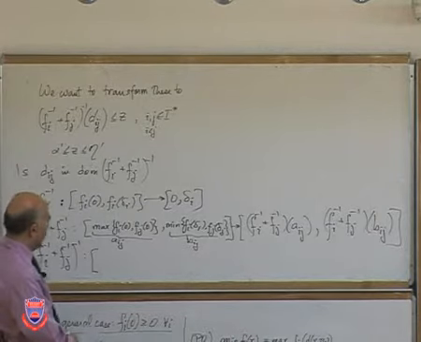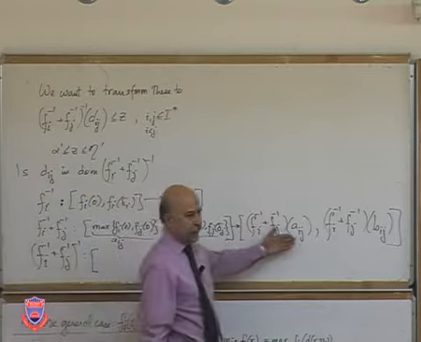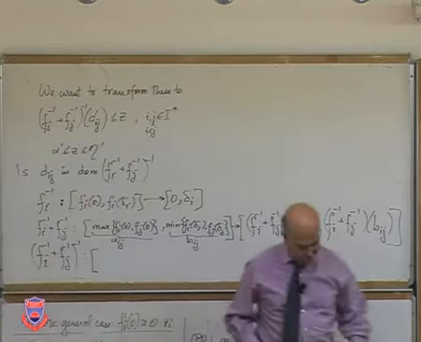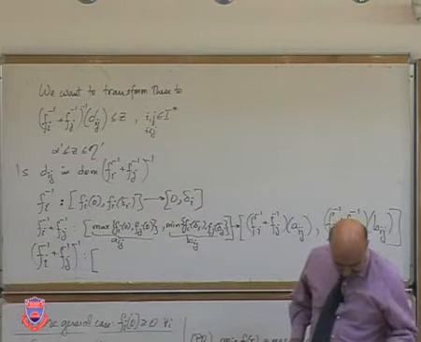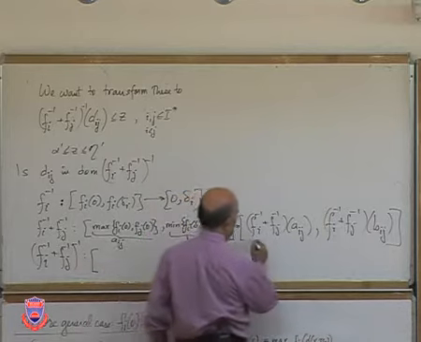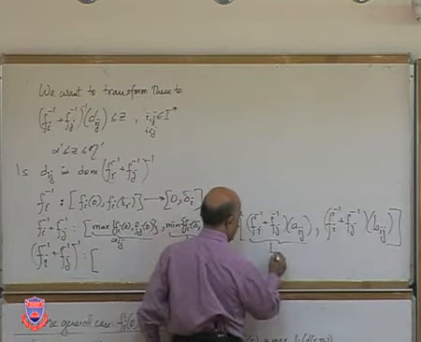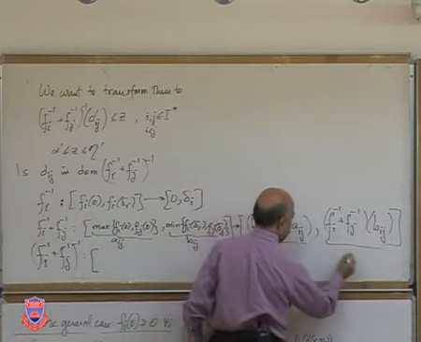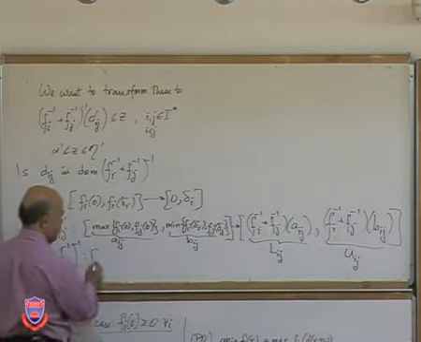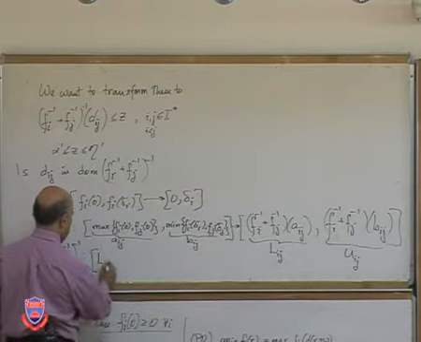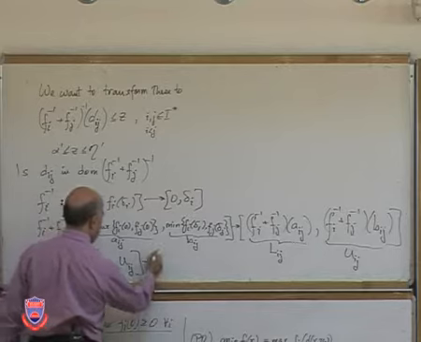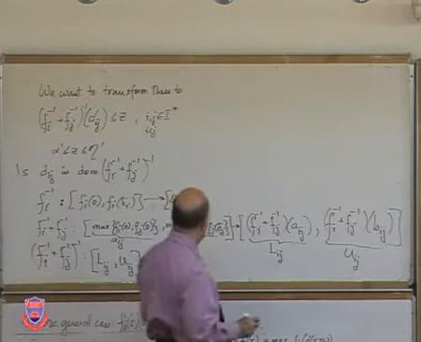So my domain is now the range of this, which is, let me see if I have a name for that. Yeah, I do have a name. I call this Lij, this one Uij. So we have Lij and Uij, and the range is whatever.